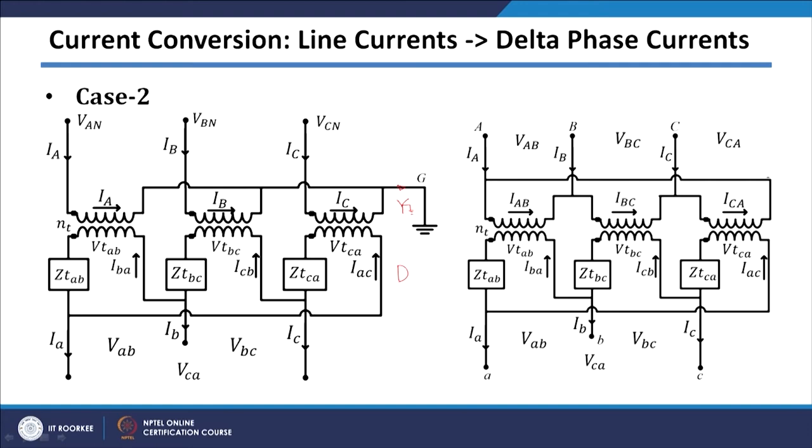So, whenever zero sequence currents are flowing in the primary winding, a balancing zero sequence current will flow in the delta winding. However, if you see the secondary terminal, there is no neutral terminal available. So, all this zero sequence current will only flow through your delta windings. So, balancing zero sequence current will flow only through delta windings.